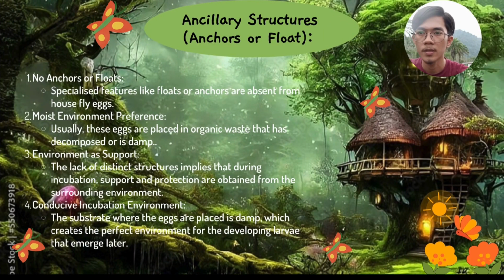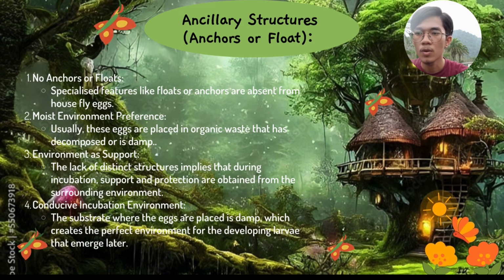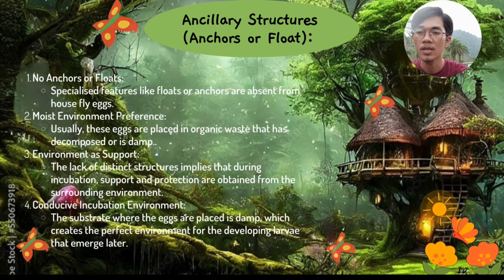Okay, the next slide is ancillary structure. Number one, no anchor or claws: specialized features like claws or anchors are absent from housefly eggs. Number two, moist environment preference: usually the eggs are placed in organic waste that has decomposed or is damp.